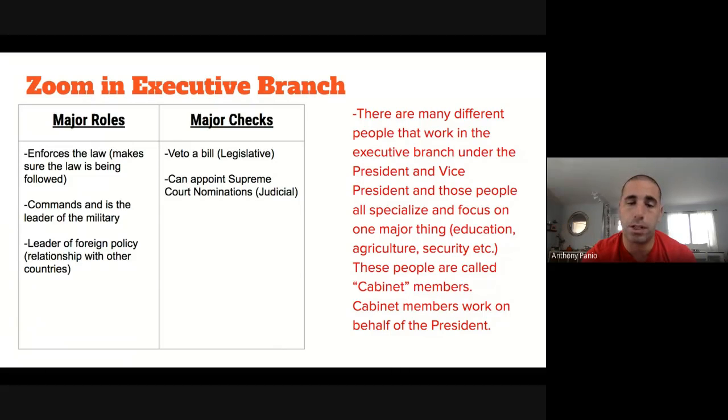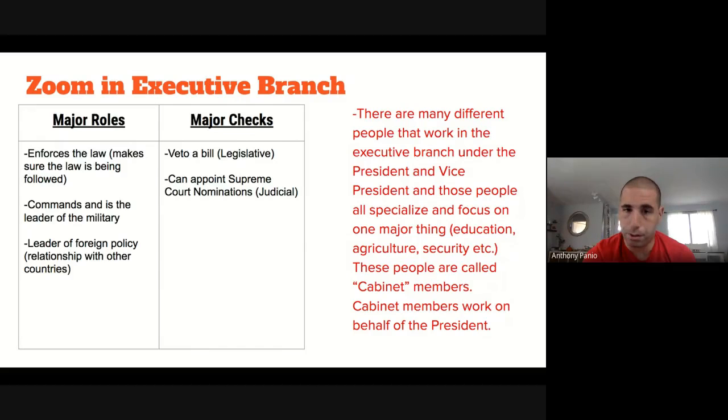How do you do this? If you're the president, you make sure that your police and your authorities and really your military are making sure that the law is being enforced correctly. That is the first thing the president and the executive branch does. They make sure the law is being enforced and being followed.